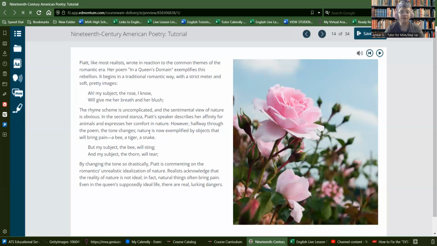So what she's trying to communicate here is that things in nature often bring pain, and even in the queen's ideal sense of nature, there's still actually things to be worried about.